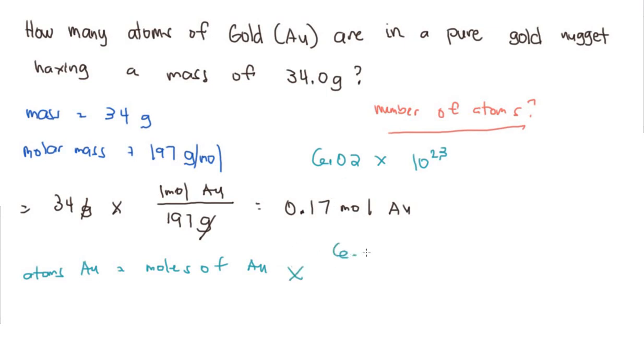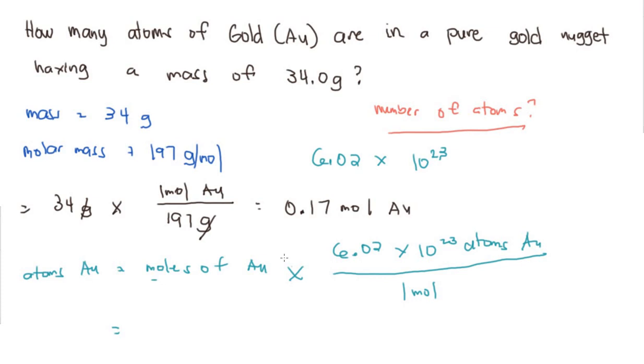You have 6.02 times 10 raised to 23rd atoms of Au over 1 mole. Why 1 mole? It is because 1 mole is equivalent to 6.02 times 10 raised to 23rd. Next one is to substitute.